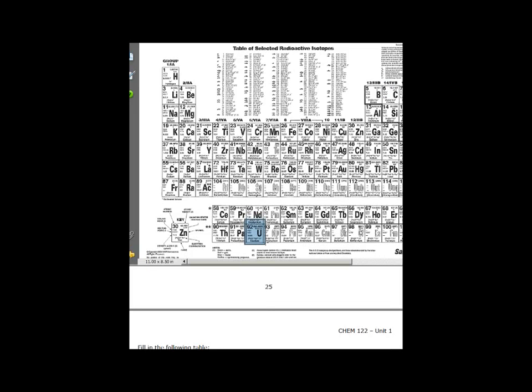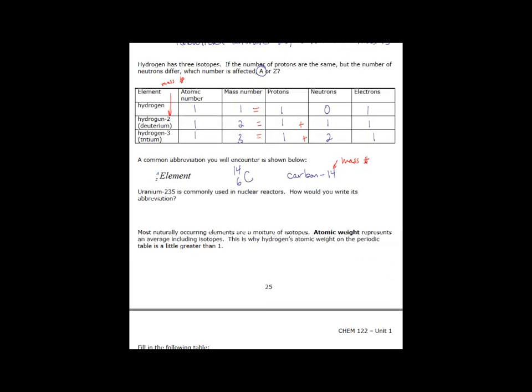So uranium has an atomic number of 92, and then the mass number I've given you is 235. So be familiar with this abbreviation for elements. Like I said, we'll see this in nuclear chemistry. Very, very useful.